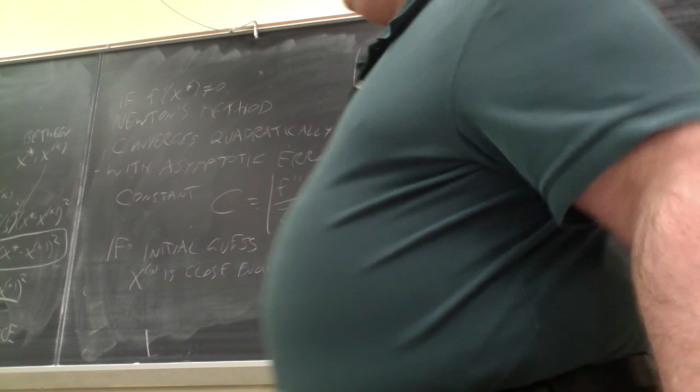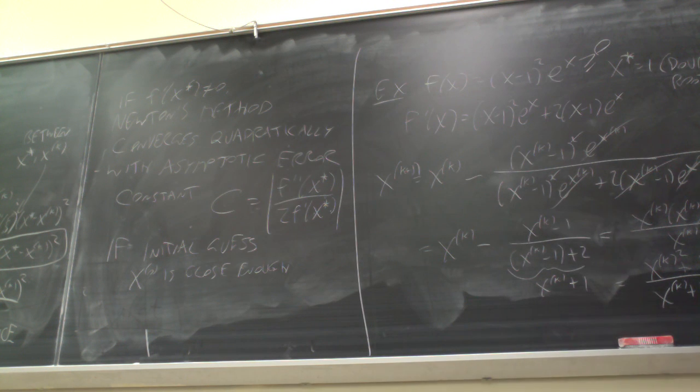So, in general, and I'll show more. I'm about to run out of time. But in the cases where the function does not change concavity, so it's always concave up or concave down, you can show in certain cases like that even if you choose a far away initial guess, it's still going to converge and converge quadratically.